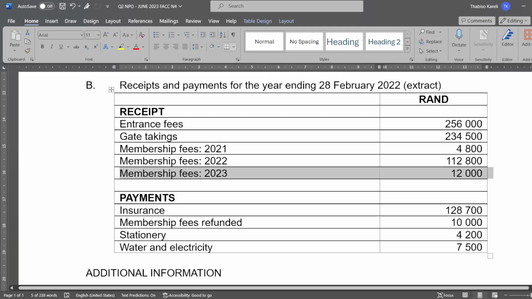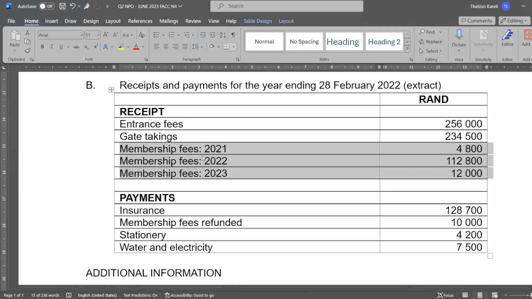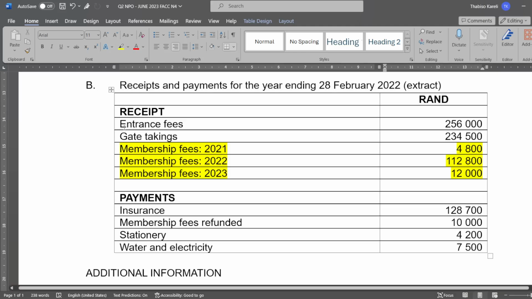Remember, we are doing the income and expenditure of the current year. Therefore, membership fees account, we have done it. We are done with the membership fees account. We don't consider them for now. And then the receipts are your incomes, therefore they are on the credit side.